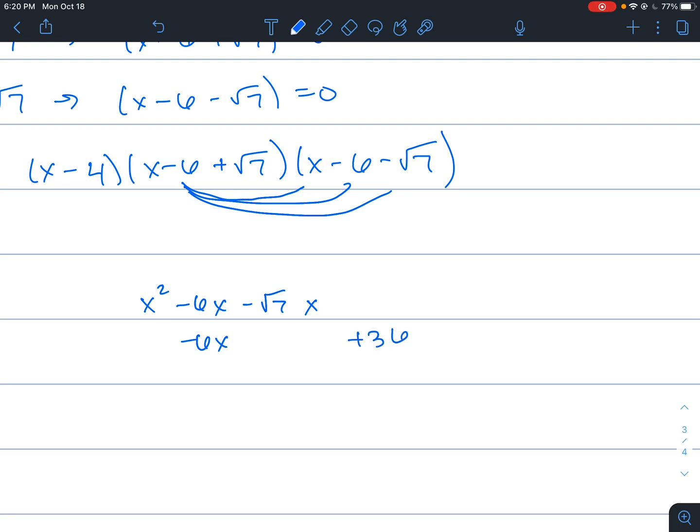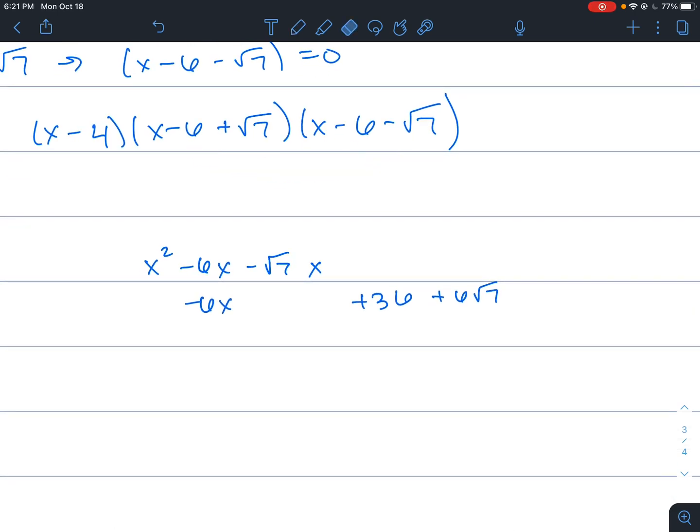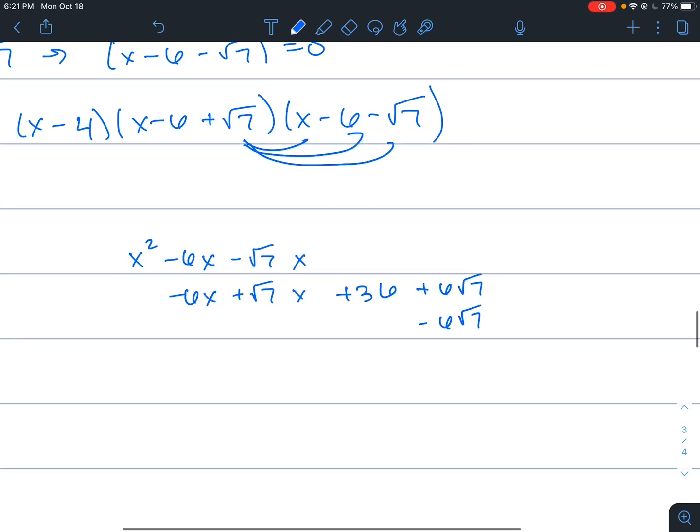Then negative 6 times negative square root of 7, which is plus 6 square root of 7. And then last, I'll take the square root of 7. The square root of 7 times x is positive square root of 7 x. I'll put that here because they are like terms. Then square root of 7 times negative 6 is negative 6 square root of 7. I'll line that up here because they're like terms.